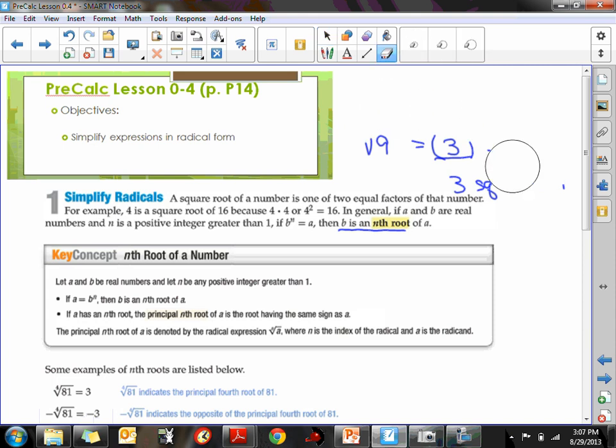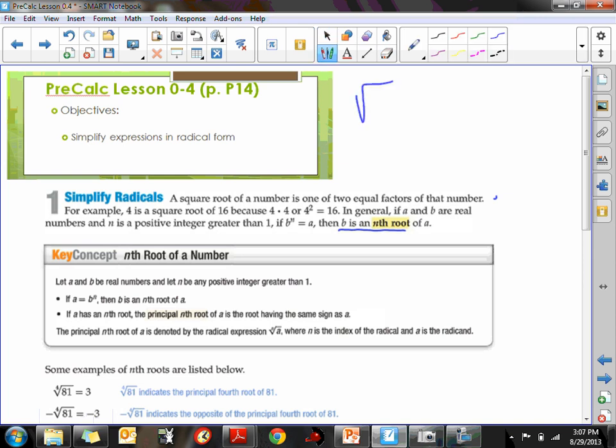We're going to jump into some other ideas where it's not always going to be the square root. We're going to be using ideas of cube roots. So we're going to change that index from a 2 to a 3. Some easier examples of the cube root would be the cube root of 8. In essence, we're looking for some number we can cube to get 8. So what is a number that we can cube to get 8?